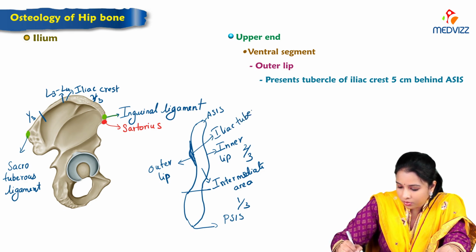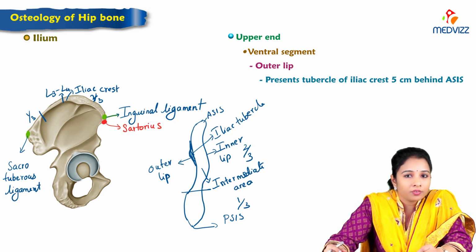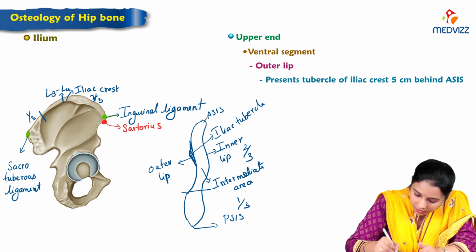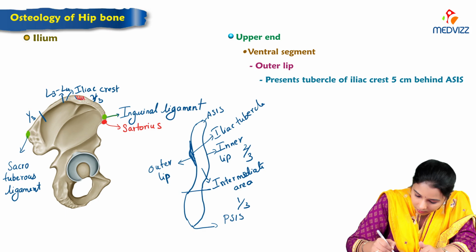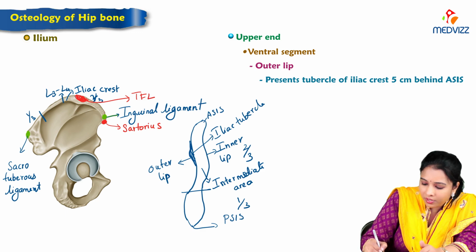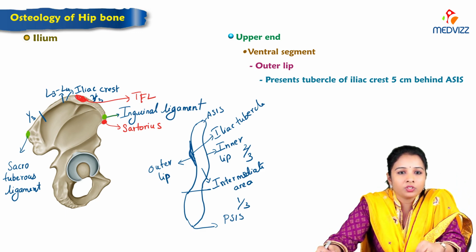This tubercle provides attachment to the tensor fascia lata, TFL. So I will draw here. This part, which lies 5 centimeters behind the anterior superior iliac spine, provides origin to tensor fascia lata, which gets originated in front of this tubercle.